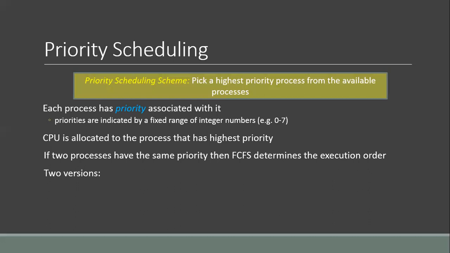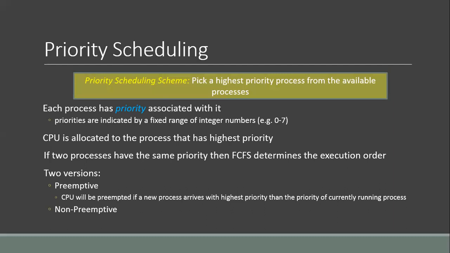There are two versions of the priority scheduling policy: preemptive and non-preemptive. In the preemptive version, the CPU will be preempted if a new process arrives with a higher priority than the currently running process.